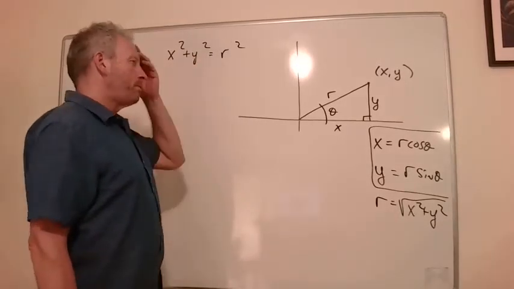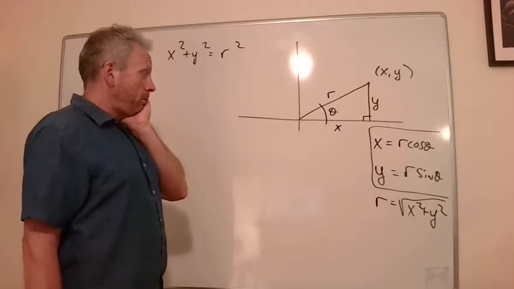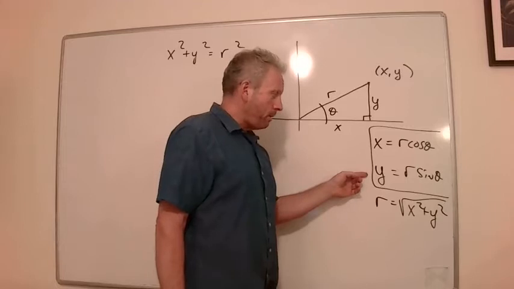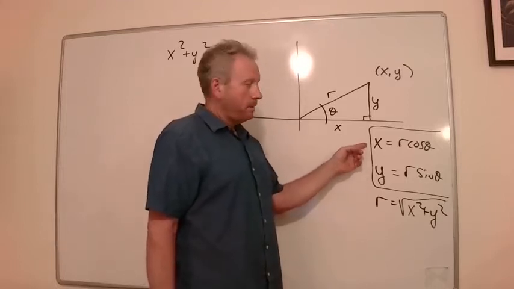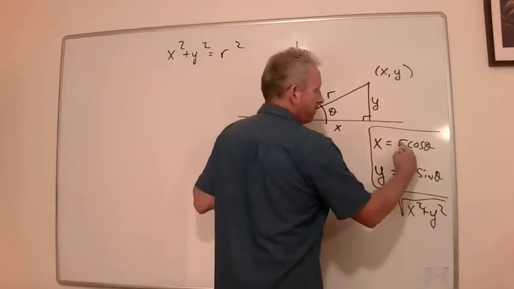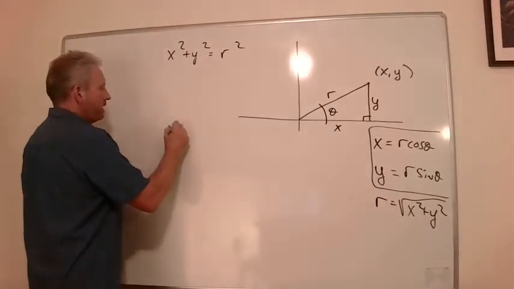What was the other thing that just popped into my head? Oh, a kind of a slick way maybe of looking at this just popped into my head. If I take this equation and I divide by this equation, what do we get? Well, look, if I take this and I divide by this, the r's will cancel out. I'll have sine over cosine, which is tangent.